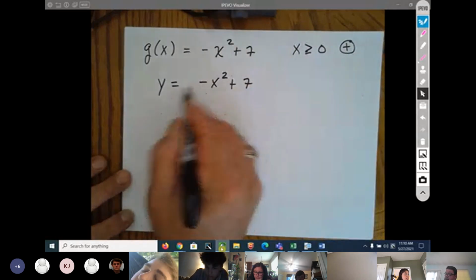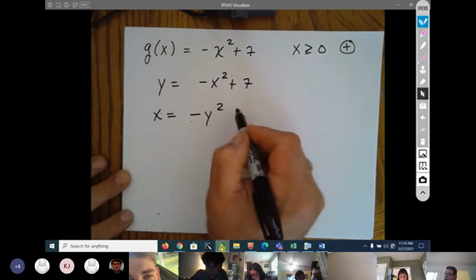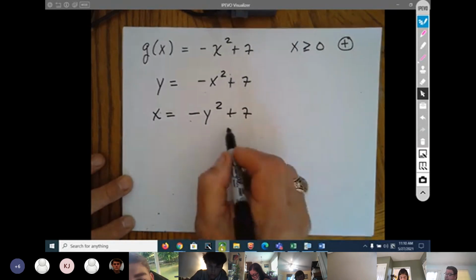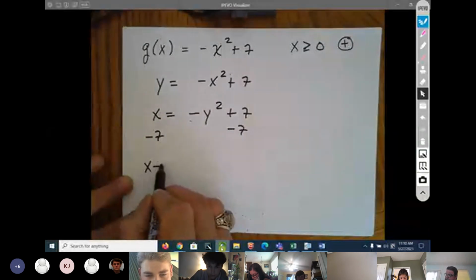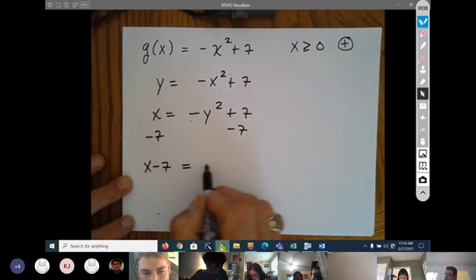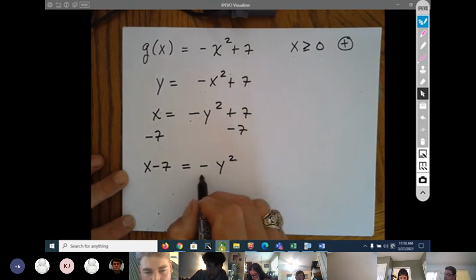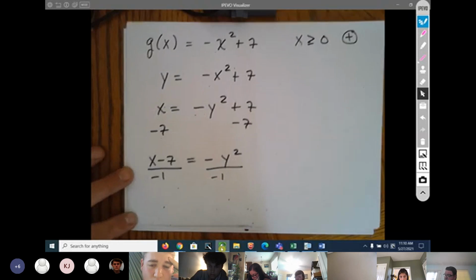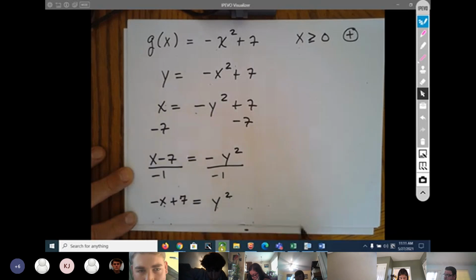Interchange x and y. That'd be x is equal to negative y squared plus 7. Subtract 7 from both sides: x minus 7 is equal to negative y squared. Divide by negative 1: negative x plus 7 is equal to y squared.